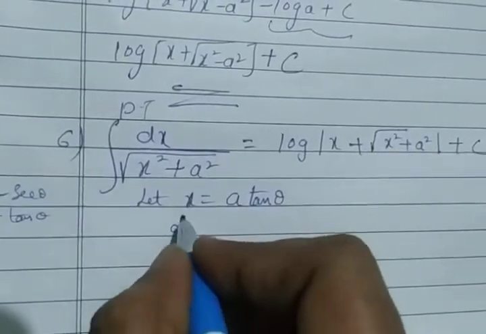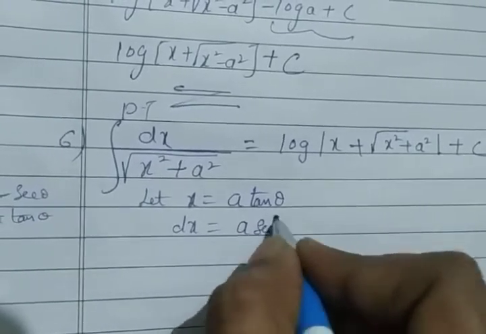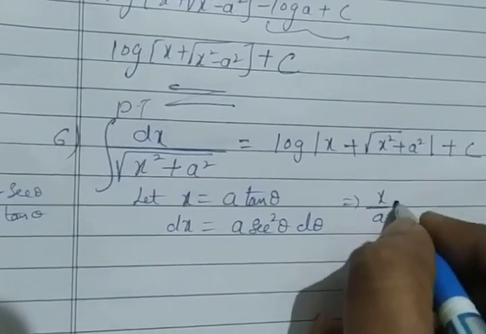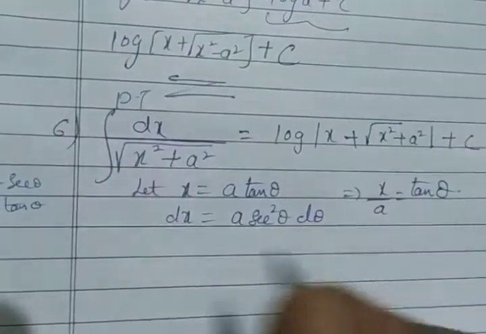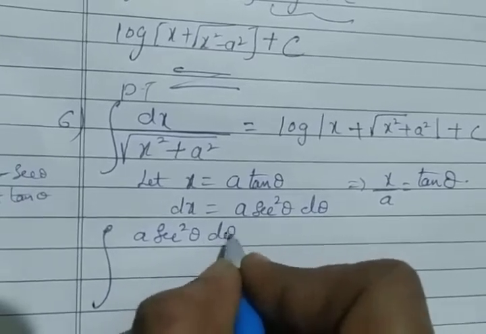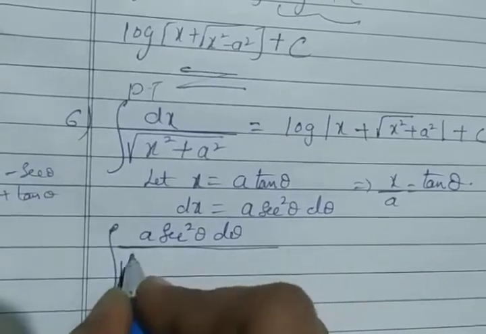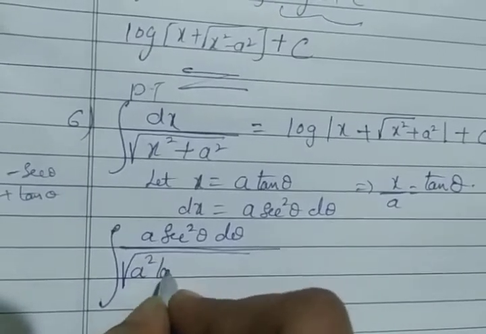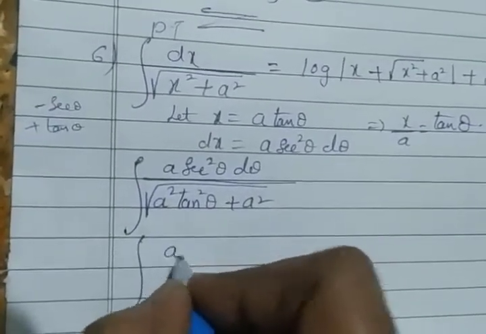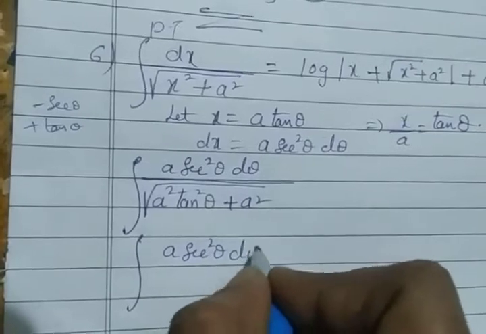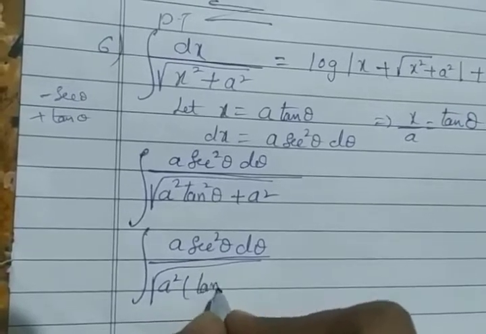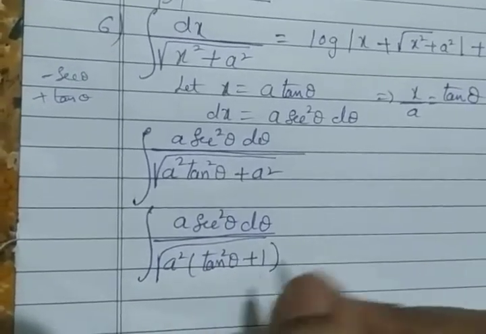Let x is equal to a tan theta. Dx is equal to a secant square theta d theta. So x by a is equal to tan theta. Integral a secant square theta d theta divided by root of a square tan square theta plus a square, which is integral of a secant square theta d theta divided by root of, take out the a square common, tan square theta plus 1.